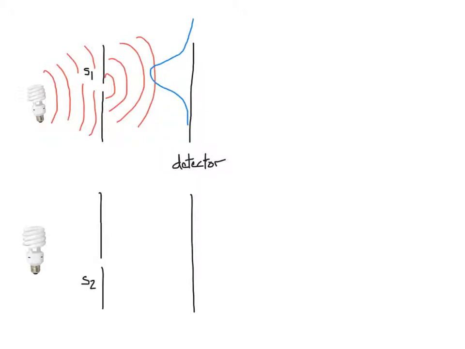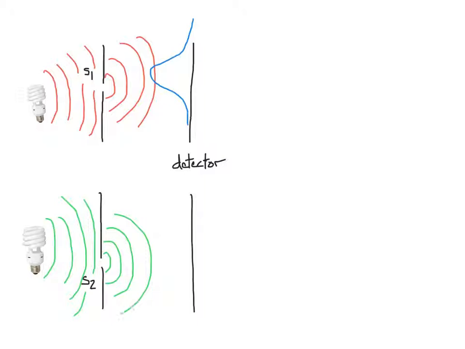Let's do the exact same experiment again, but this time we're going to open the second slit, that's S2. Again, we can draw the lines that represent the light propagating away from the light bulb. Some of that light makes it through the slit. Here's that light propagating through.